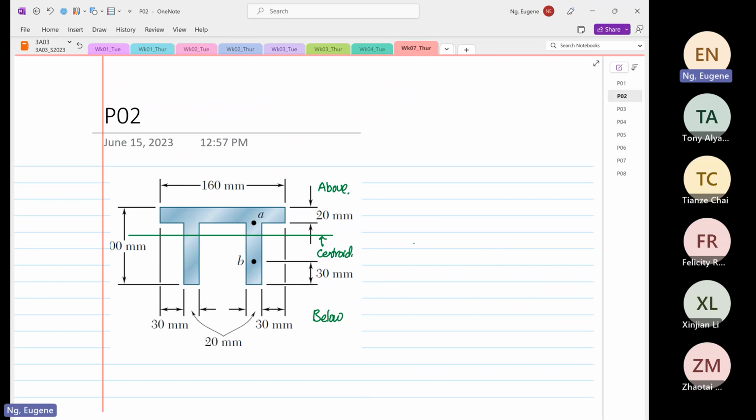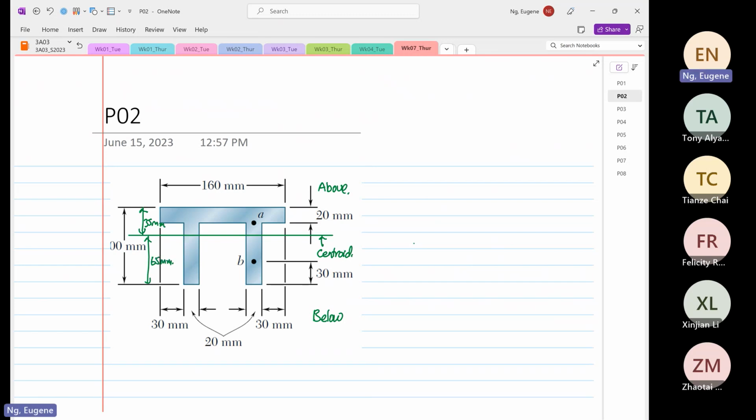So what if we want to find the distribution below the centroid? What's the equation? Now we know that this distance is equal to 35 millimeters, and this distance over here is equal to 65 millimeters.